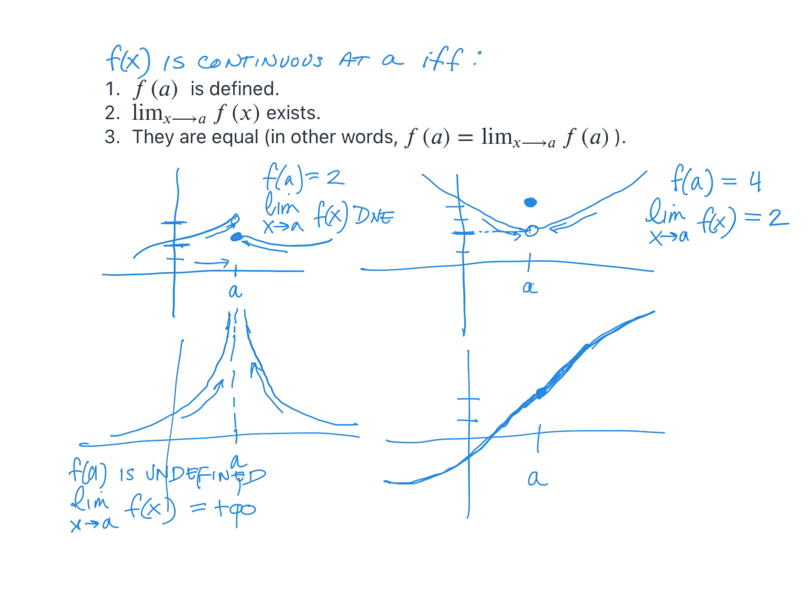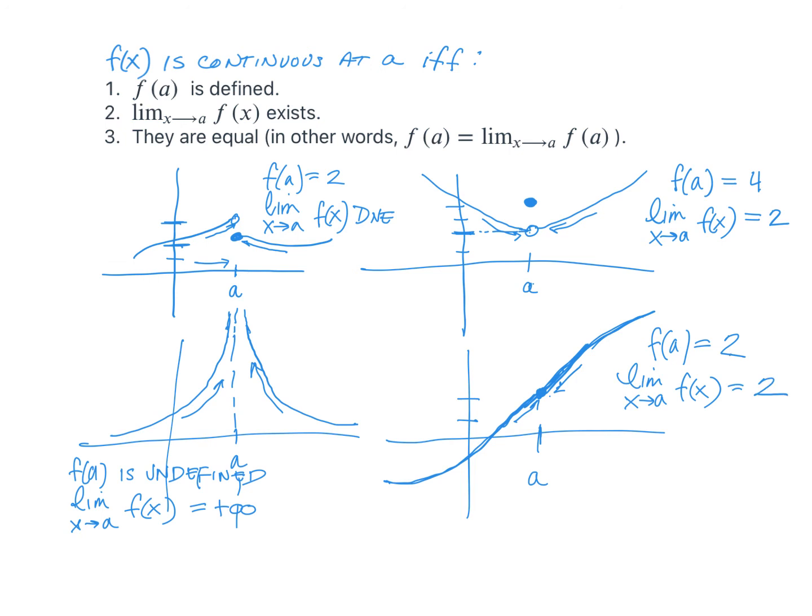All right, and let's look at the fourth scenario. Here, since there's not a hole there, the actual value of the function at a is going to be 2. When we take the limit as x approaches a of f of x, from the left side it's approaching 2, and from the right side it's approaching 2. And so the limit is also 2.